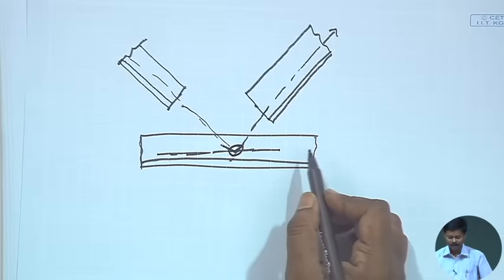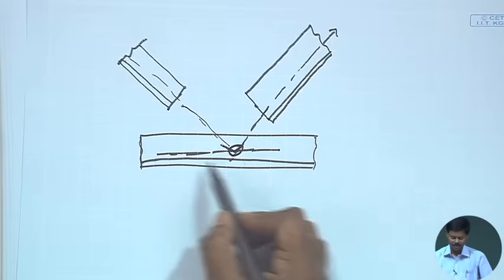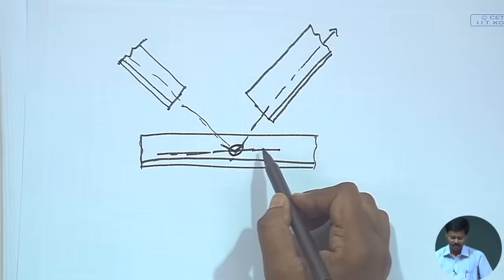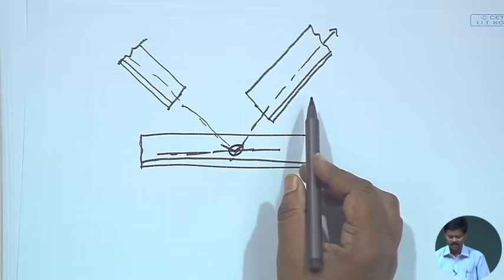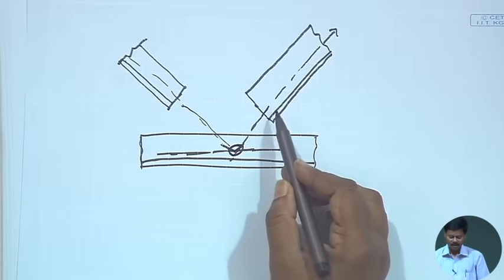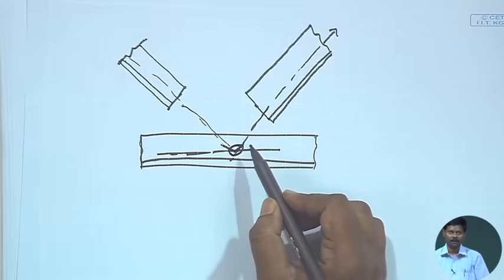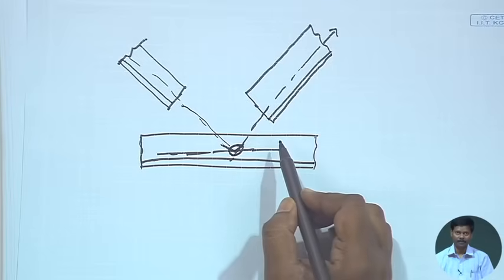That is why, to avoid that moment or eccentricity, we have to place the angle sections in such a way that all the CGs of the sections meet at a particular point, which we have to keep in mind.